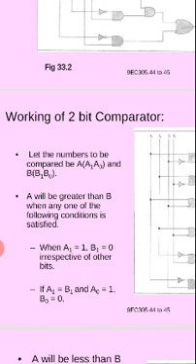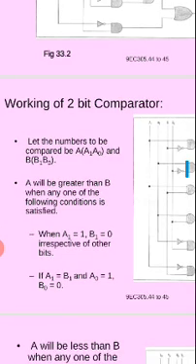A will be greater than B when any one of the following conditions is satisfied.